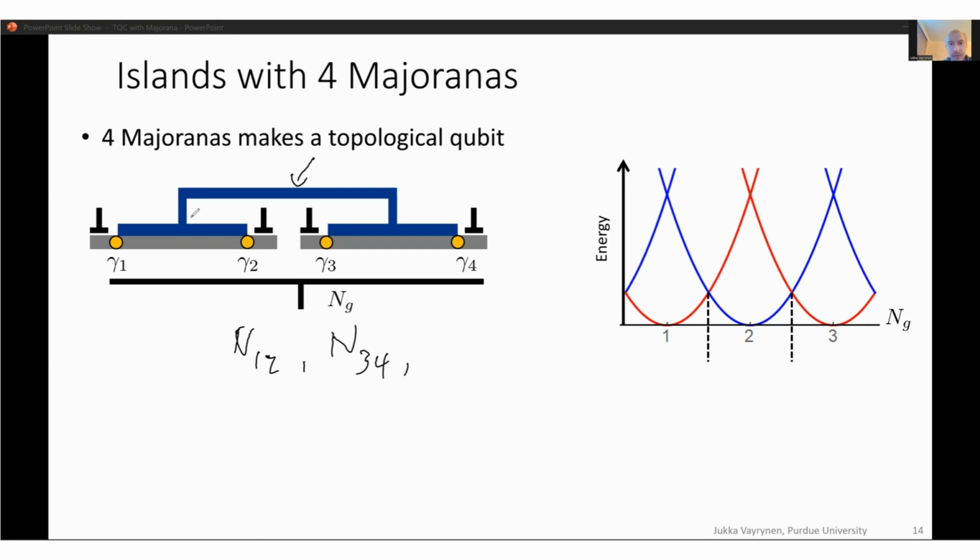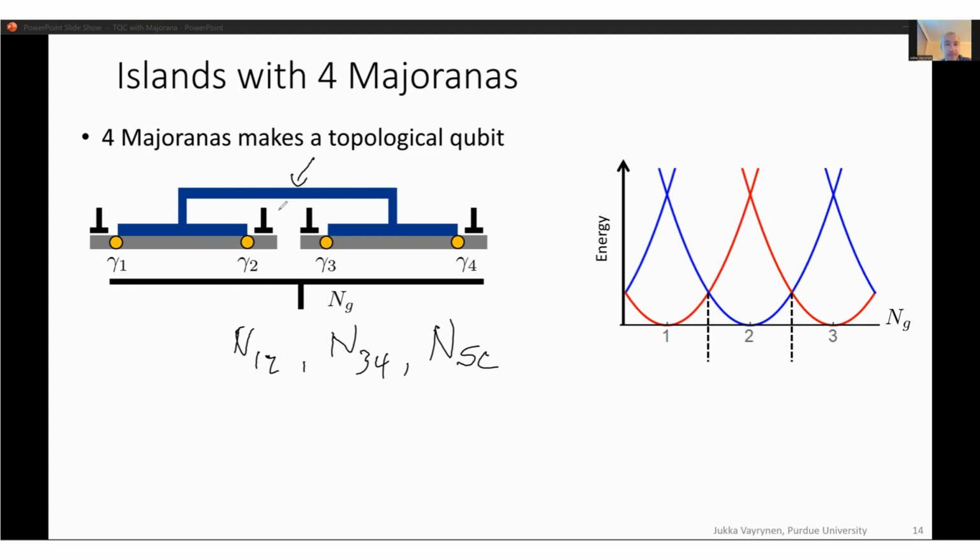Now, it turns out that because I'm shorting this superconductor, so I'm connecting the pieces, it's enough to only use one label for the number of particles in the superconductor, because basically the Cooper pairs that live in this blue superconductor are delocalized over this entire blue region, so I cannot specify where exactly they are.